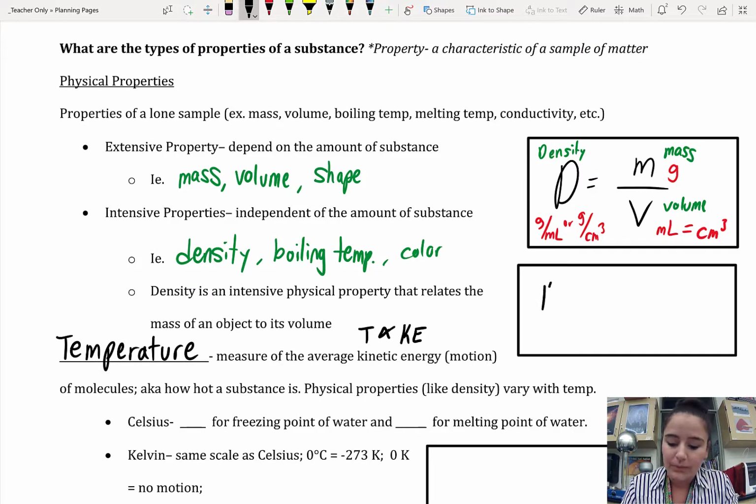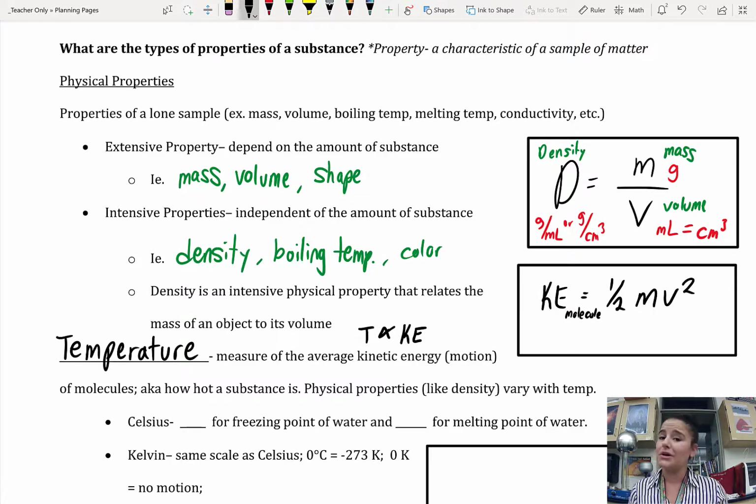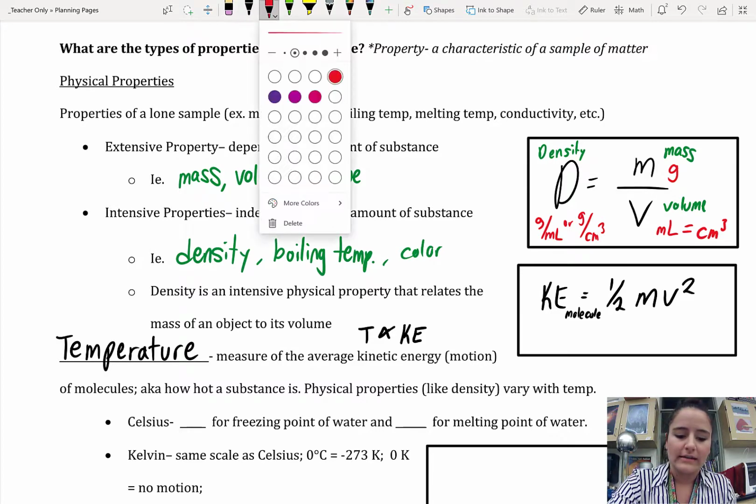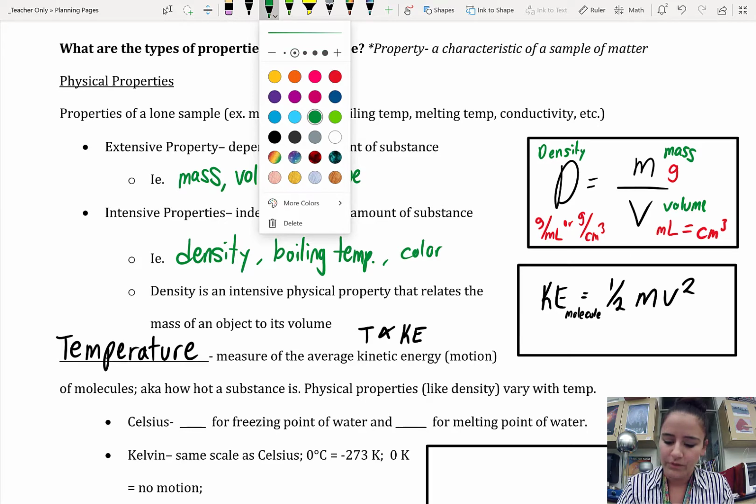We do need to know that kinetic energy is equal to 1/2 mv squared. Okay, and this is for when you're talking about the kinetic energy of a single molecule. Why it says molecule on your equation sheet and not atom or particle or a more general term, I don't know, because this applies to all of them. But that is a thing that we need to know.